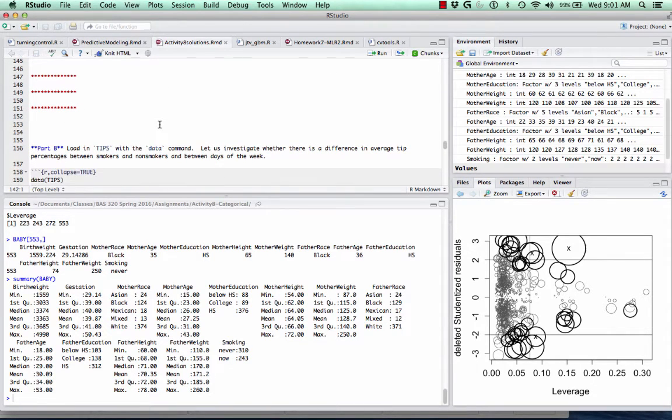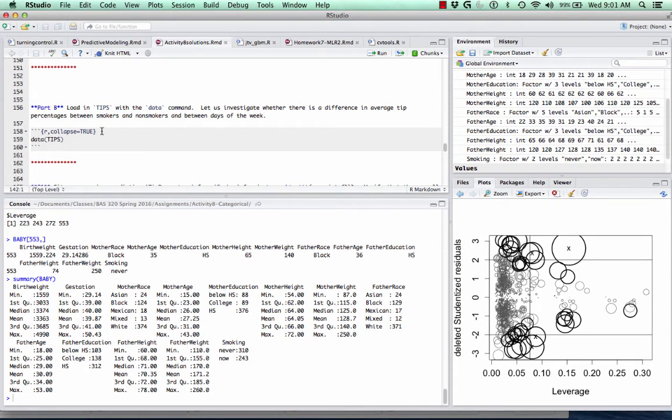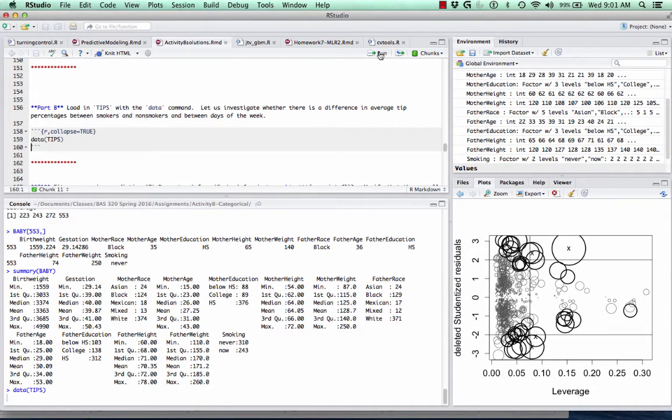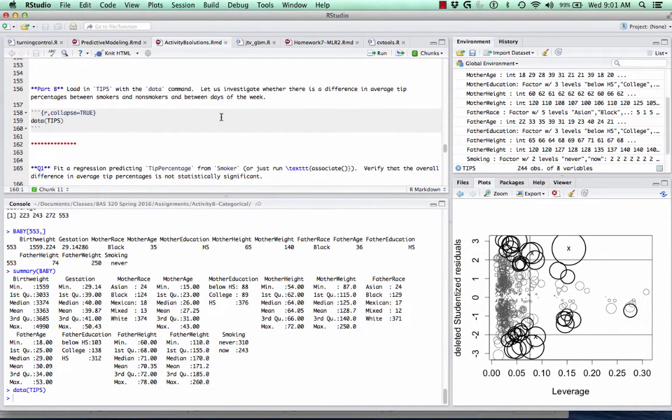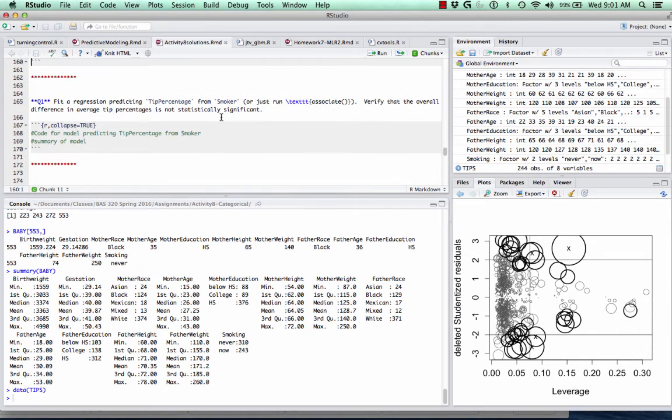All right, so that's our analysis of the birth weight data set. Now let's move into the TIPS data set and get a little bit more practice working with categorical variables. All right, once again, let's focus in on tables where they were seated in the smoking section versus non-smoking section. The theme of this activity is, hey, how do smokers and non-smokers differ here?